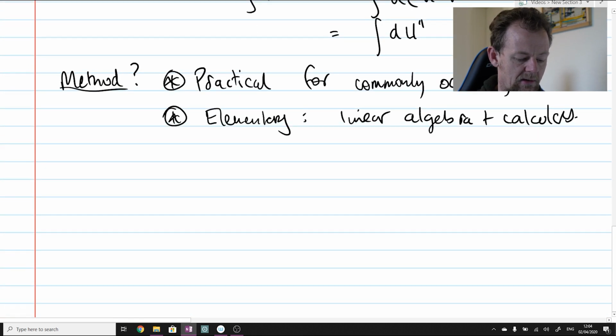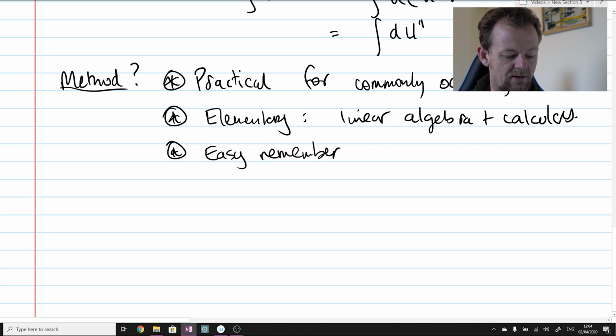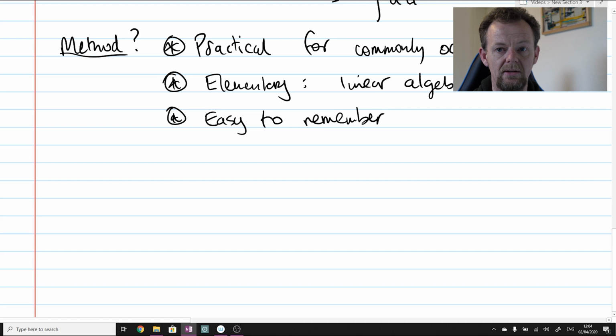And even though it's elementary and practical, I'd prefer that the method we use be easy to remember, because I don't want to have to look back in complicated notes to remember factors of d or n or whatever, factors of 2, whether or not they're there or not.